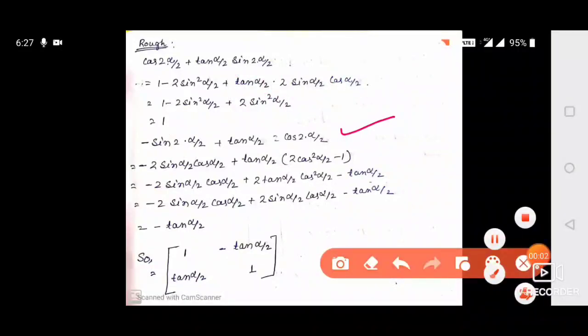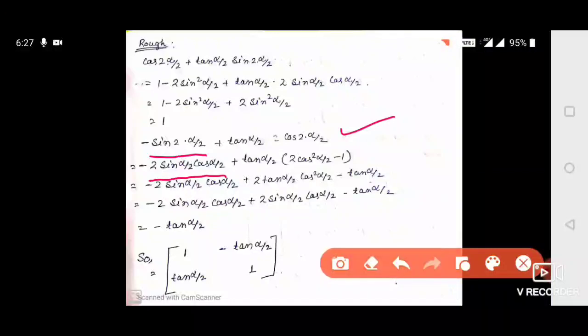Now this is the element of first row second column. Here we have replaced sine 2 alpha by 2 by 2 sine alpha by 2 cos alpha by 2. This is the formula of sine 2x. Next, here we have replaced this cos 2 alpha by 2 by this formula, which is 2 cos square alpha by 2 minus 1. See, now we have multiplied this tan alpha by 2 and 2 cos square alpha by 2, tan alpha by 2 and minus 1.